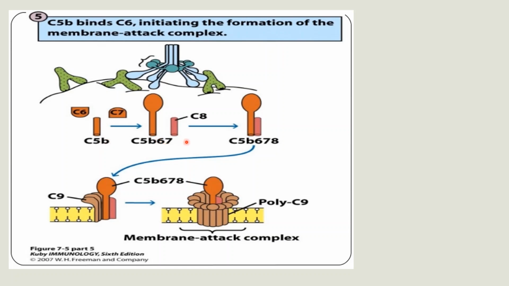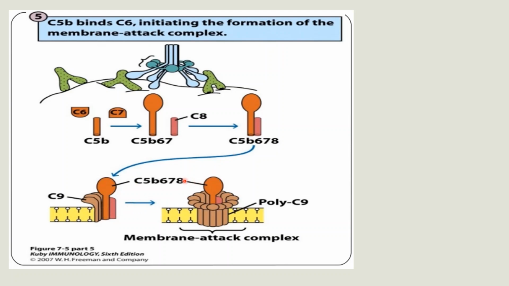After that C7 will come and bind with C5b6, and C8 also comes and binds to form the C5b678 complex, and that will create a pore of approximately 10 angstrom.